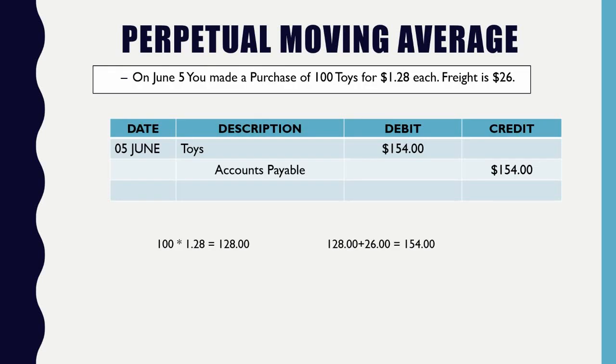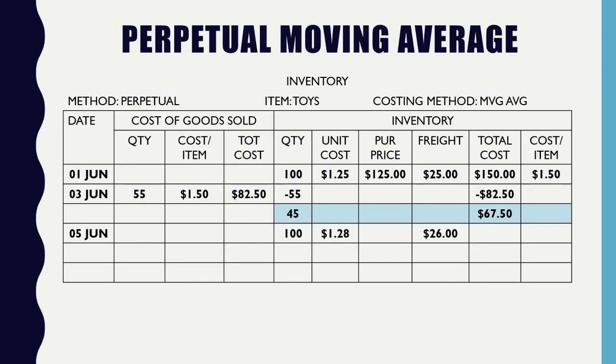Then what happens when I make another purchase of 100 toys at $1.28, and the freight is $26? Once again, I'm going to pop that number in there and calculate it just as usual. So 100 gives you $128 plus $26, which is going to give you a total of $154.